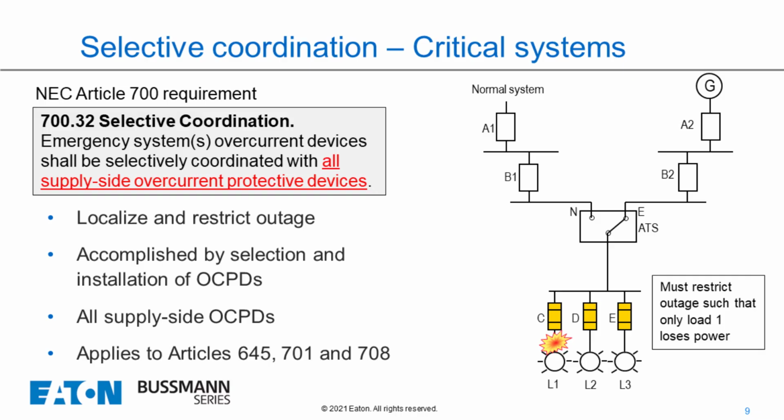So that means that C, down on the right-hand side, C, D, and E must selectively coordinate with B1 and A1, as well as B2 and A2 on the emergency side with the generator. So C, D, and E need to coordinate with all supply side overcurrent protective devices. And this basically applies to Article 645, which is the fire pumps, 701, as well as 708.